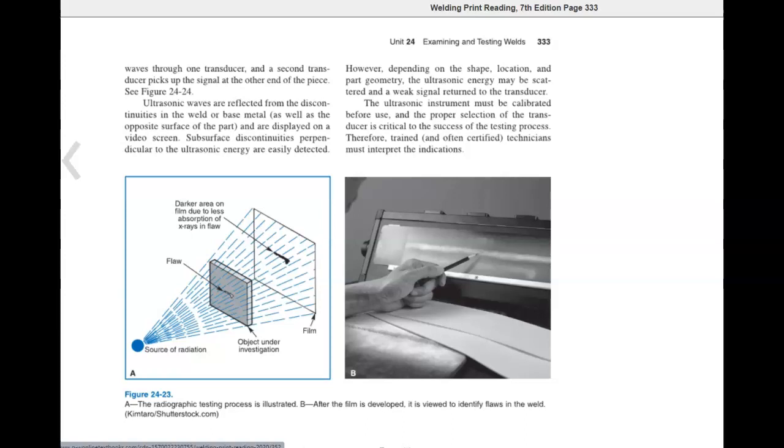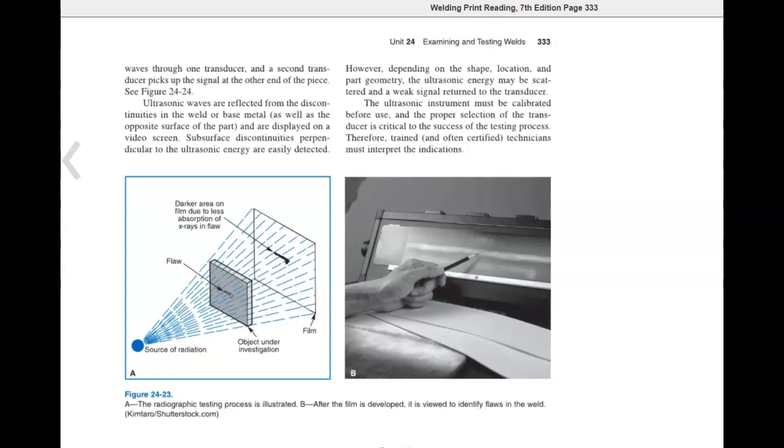of the piece. Ultrasonic waves are reflected from the discontinuities in the weld or base metal as well as the opposite surface of the part and are displayed on a video screen. Subsurface discontinuities perpendicular to the ultrasonic energy are easily detected.